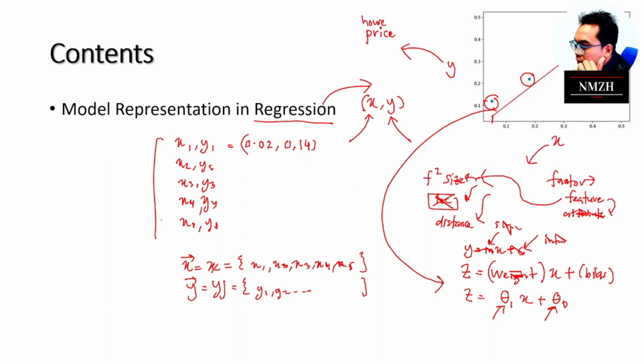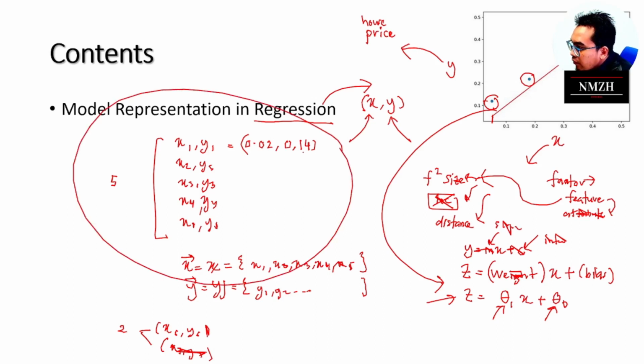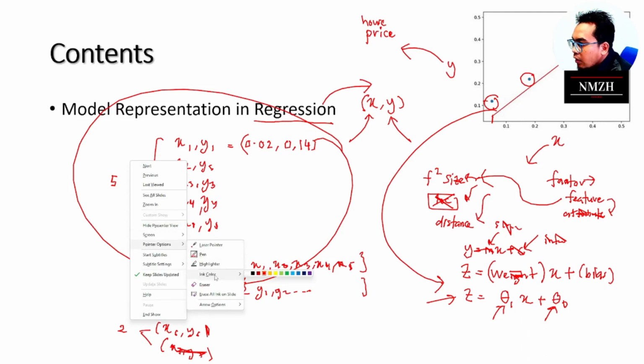So I have 5 training points. Then from this point of view, when I give 2 more, let's say this one is x6, y6, and this one is x7, y7. These are 2 more data points that I want to test using this regression model, right?